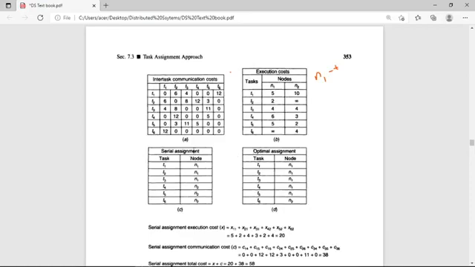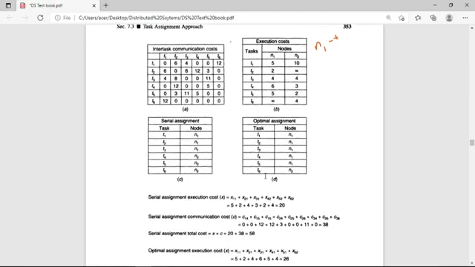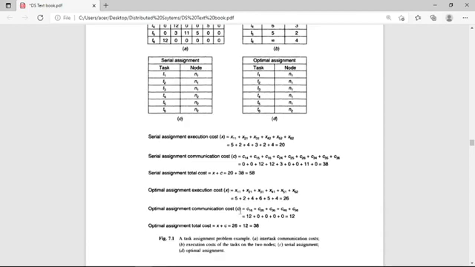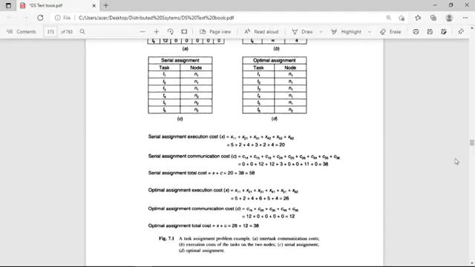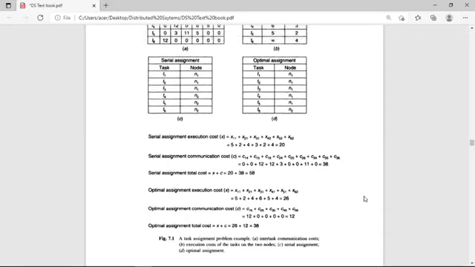This one is completed, that is serial assignment. If we assign the tasks to different nodes via serial assignment, we get 58. But with optimal assignment, see here, all the tasks T1 to T5 are assigned to N1 because they are reachable from the N1 node, and T6 is assigned to N2. So see here, X11, that is, the task is assigned to N1. We have to check in this diagram, it is 5, which means it is assigned to N1.